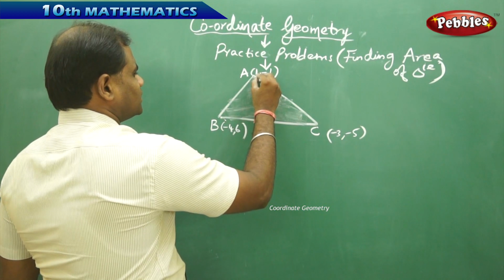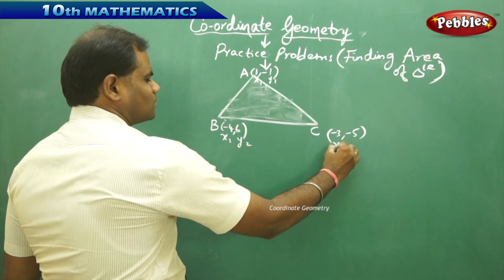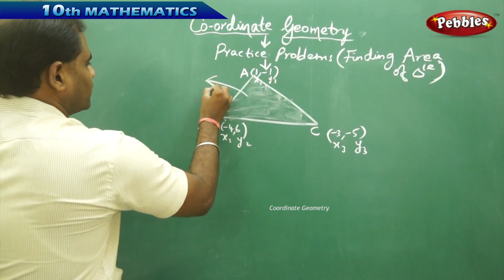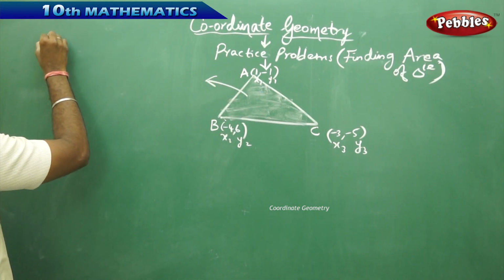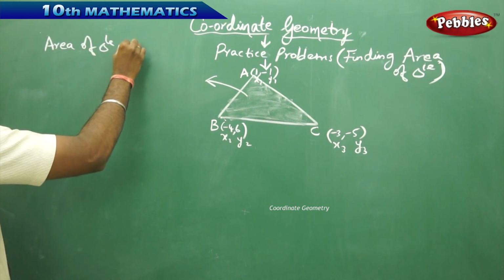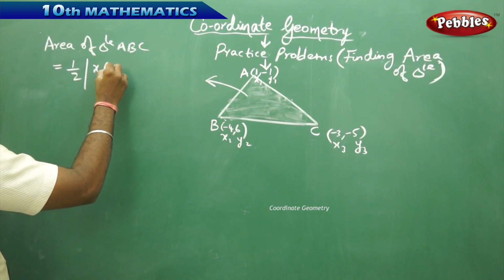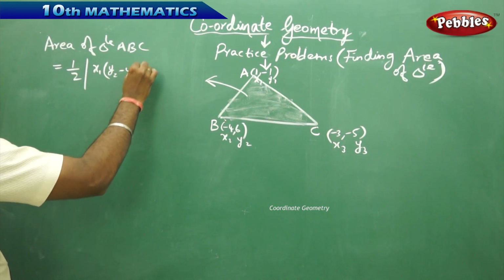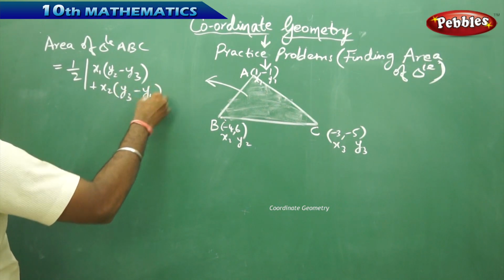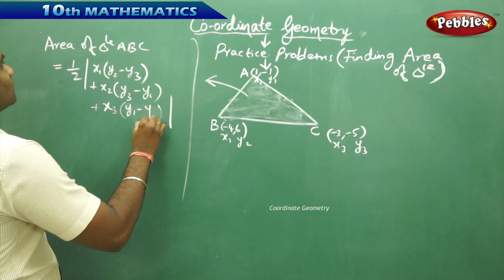Now as we know, each of the coordinates is denoted with x1, y1, x2, y2 and x3, y3. Therefore, using the formula for the area of a triangle, which says area of triangle ABC is given by half mod x1 times y2 minus y3 plus x2 times y3 minus y1 plus x3 into y1 minus y2.